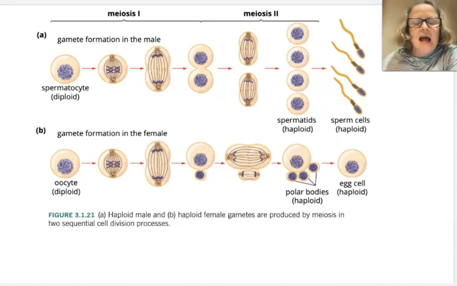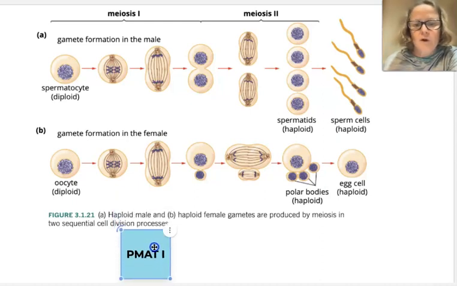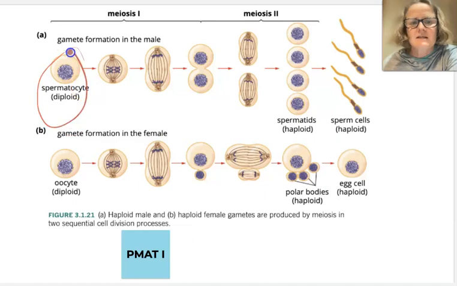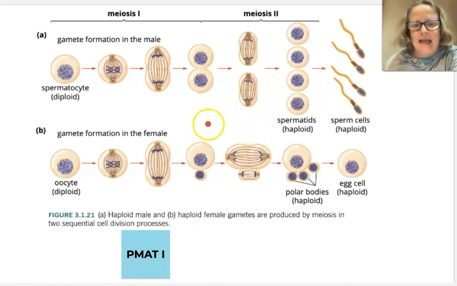As I've said, it has 2 nuclear divisions. So we're going to go through PMAT, so prophase, metaphase, anaphase and telophase. We're going to go through those once. In this first bit here, where we start off, that's probably prophase. It's not a great diagram of prophase. There is metaphase, anaphase is happening here, and telophase where the nucleus is reformed, and then it happens again.